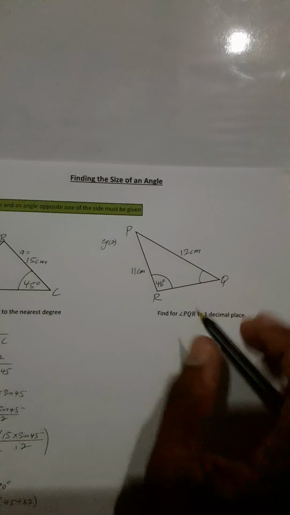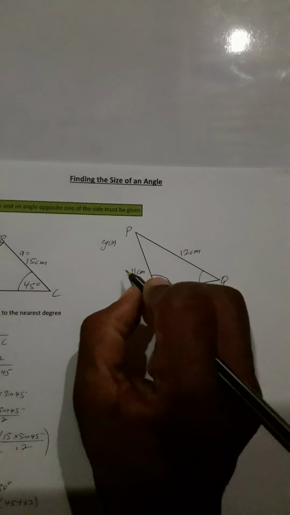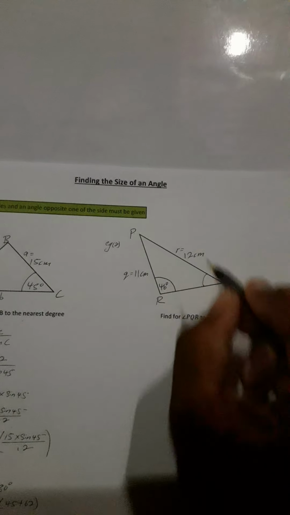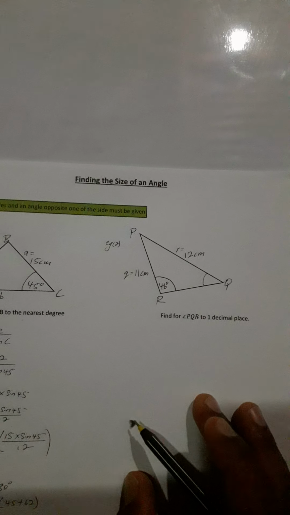I will label the opposite side in small letters, so opposite Q we'll have small q, opposite R equals small r.